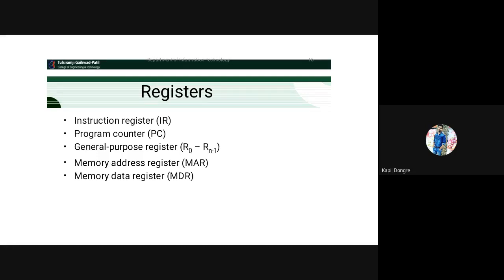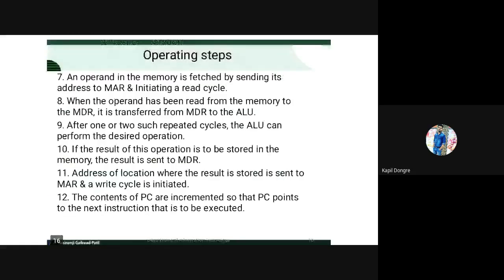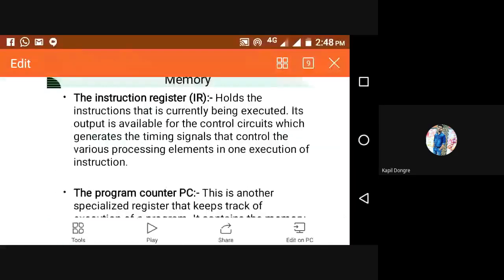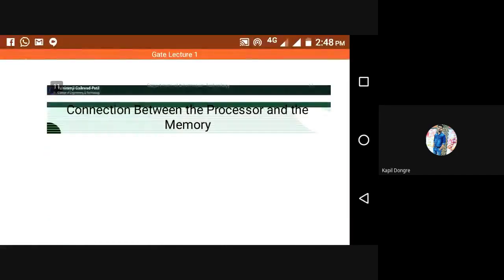These are the most important registers. Registers R0 to Rn-1 are used while performing any operations, and MDR. So these are the different operation steps. Here again you can see what the functions are.